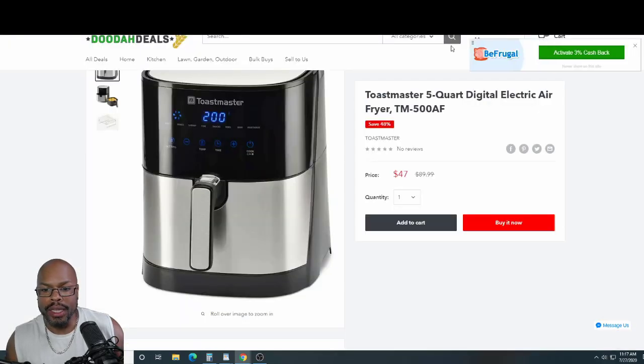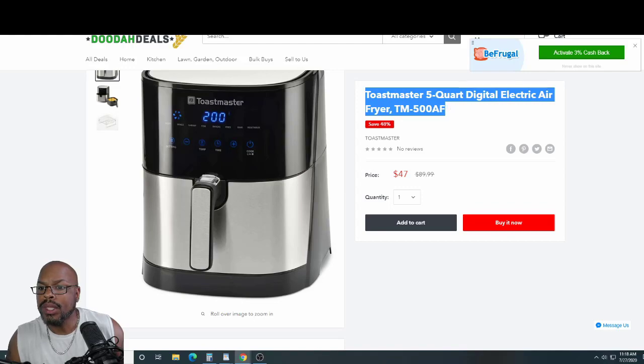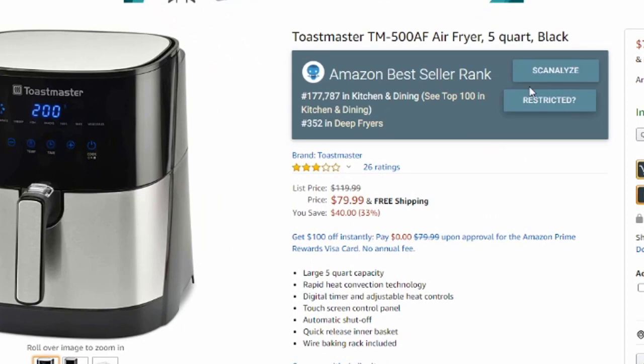And then you could go in to Doodah Deals and you can see this is normally $89.99. So all you would need to do is copy and paste that. You'd come over to Amazon and you'd see if you could match that up. And you can see based on the model number, that's a match.